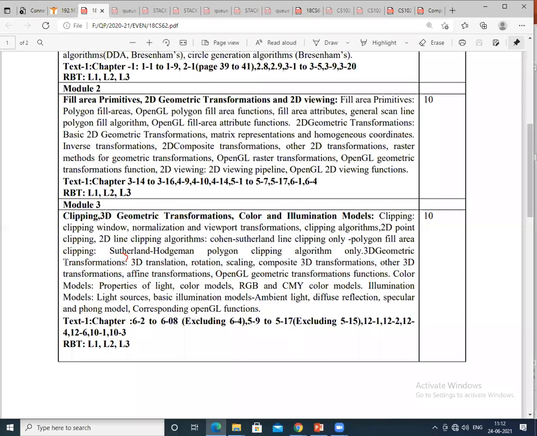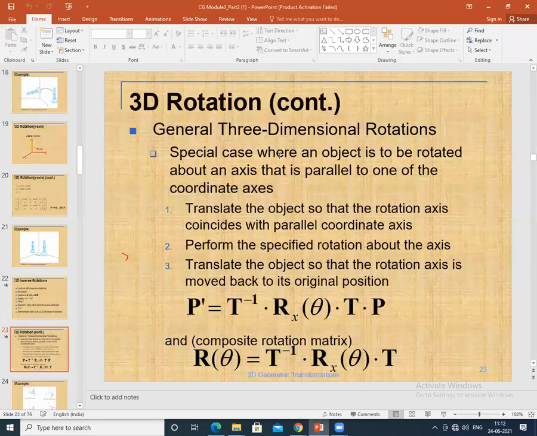See, transformations: 3D translations, rotations. You have scaling, so let me see that after this. Composite 3D we have covered, right? Then we have to see OpenGL transformation functions. Here is the main concept. What we do is translate the object so that the rotation axis coincides with the coordinate axis.